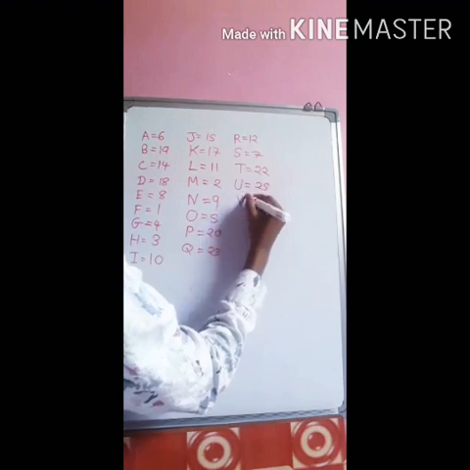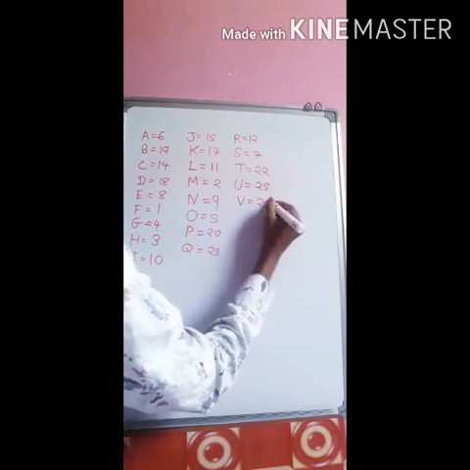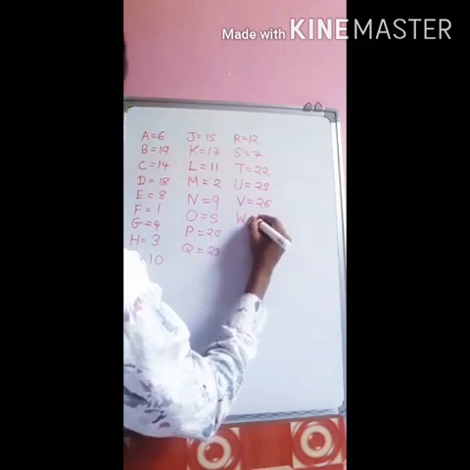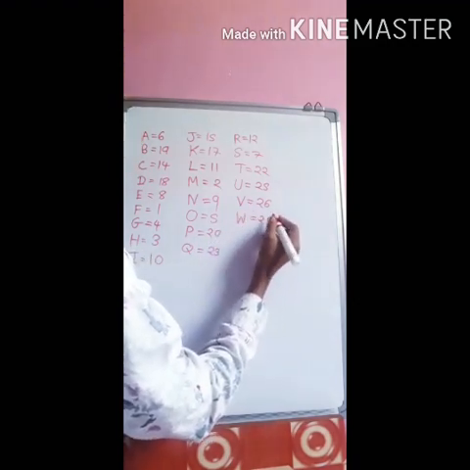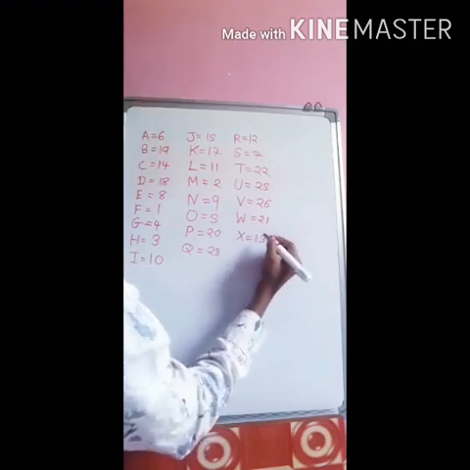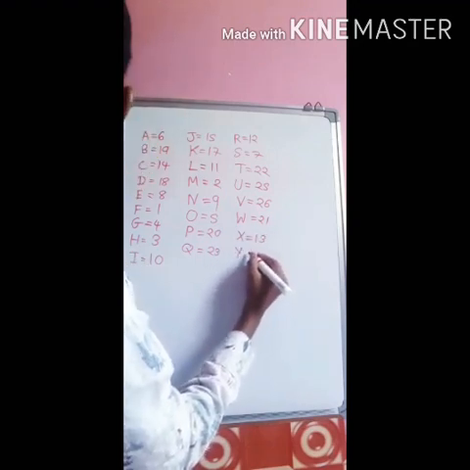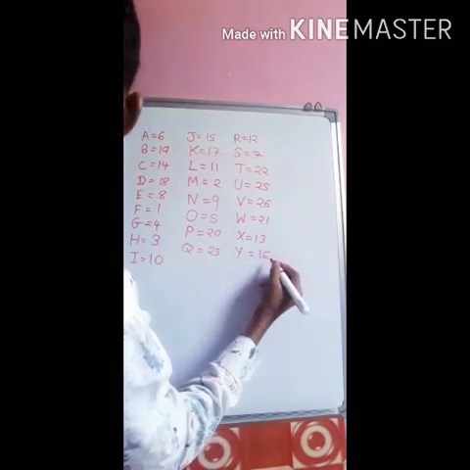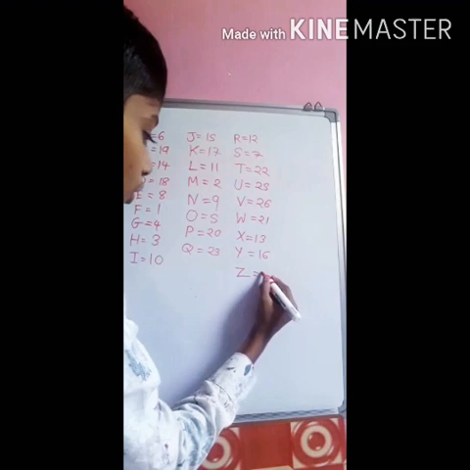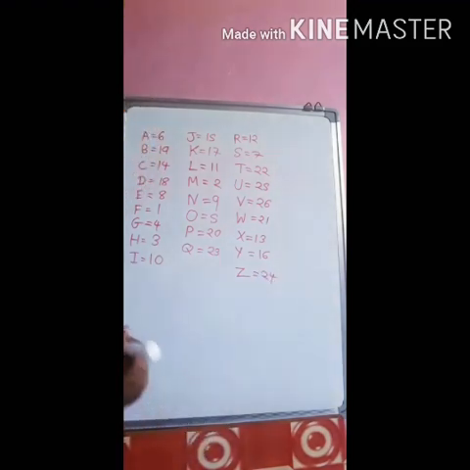Next, V is equal to 26. After that, W is equal to 21. X is equal to 13. Now at last, Y is equal to 16 and Z is equal to 24. Now this is the table of the next code language.